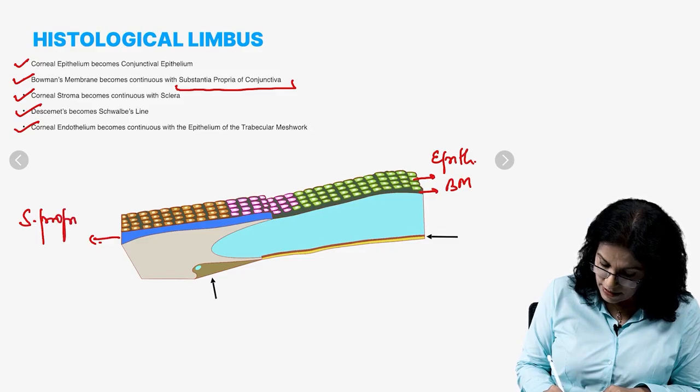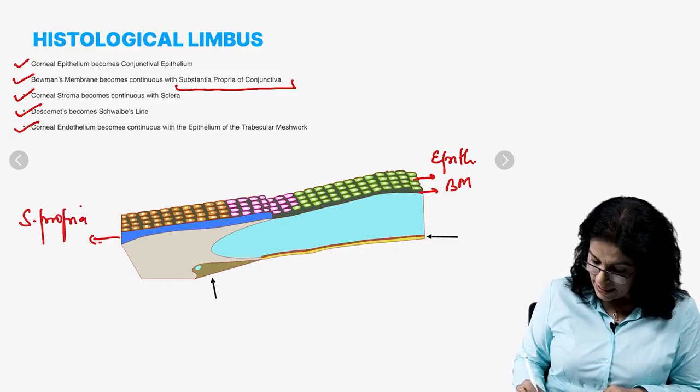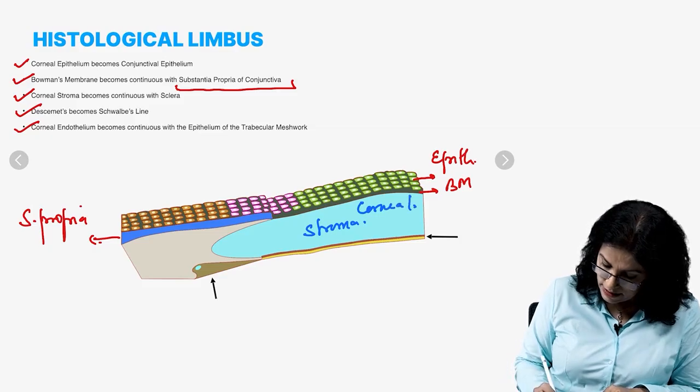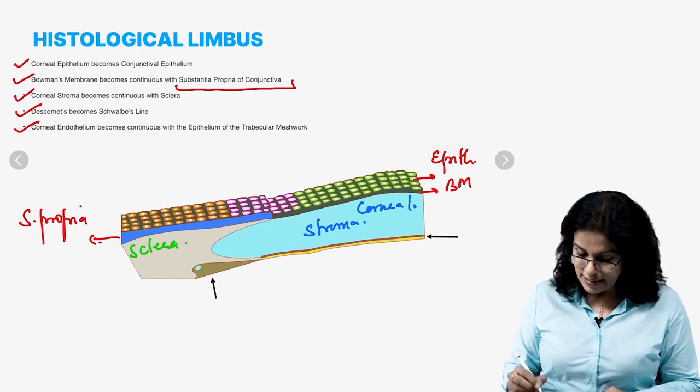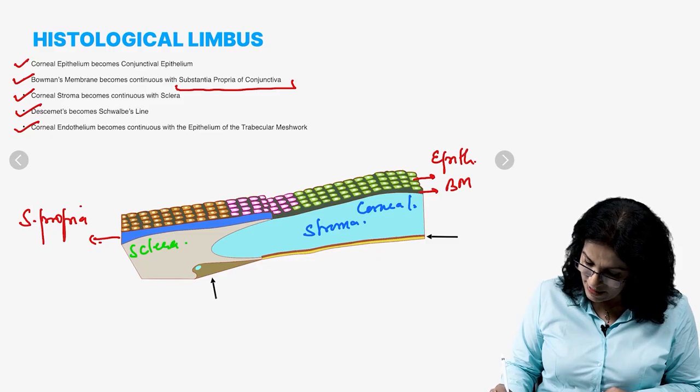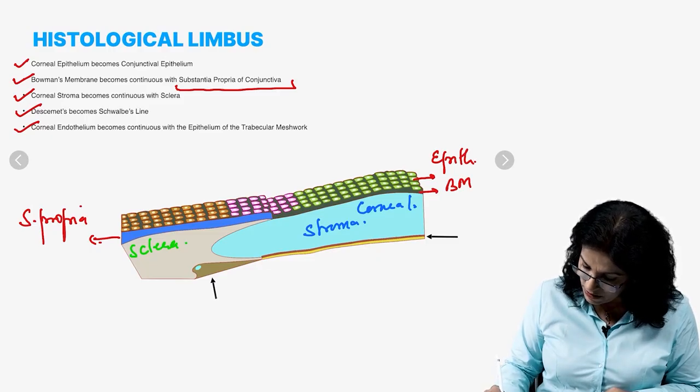If we look at this diagram, we can understand. The Bowman's membrane becomes the substantia propria of the conjunctiva. Then this is the stroma, and the corneal stroma continues as sclera. This is your sclera. Then comes Descemet's membrane, which this arrow is showing.